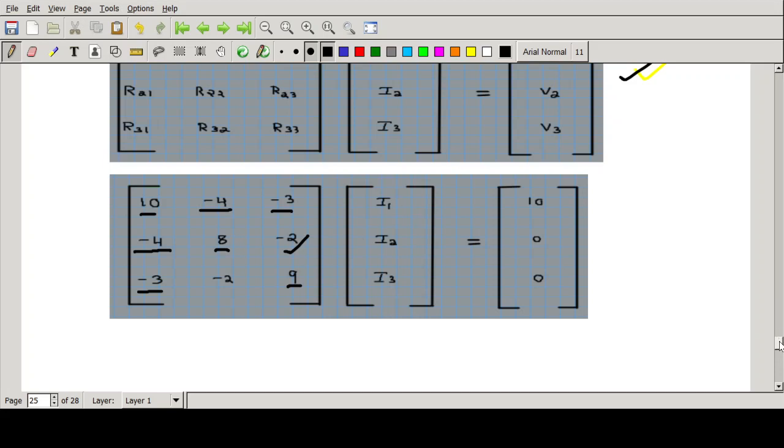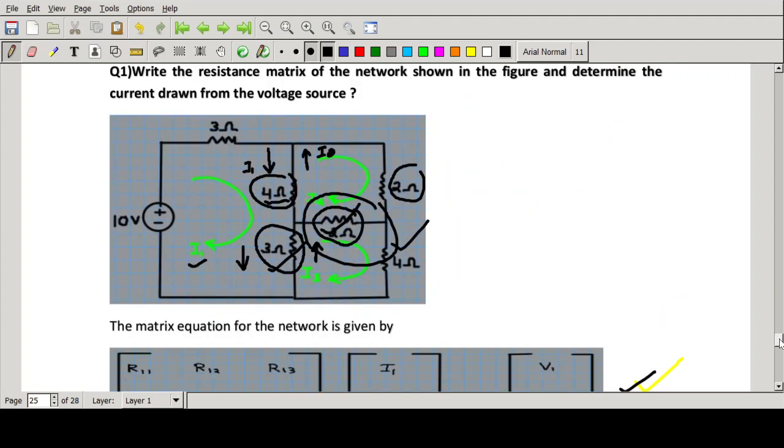If you see the meshes here, you can see that there is only one voltage or one EMF, that is 10 volt. And if you see the direction, current I1 is flowing like this. We have assumed the direction of current I1 like this. And if you consider the active sign convention of the EMF, there also the current is like this. So that means both are the same, so you can take it as positive.